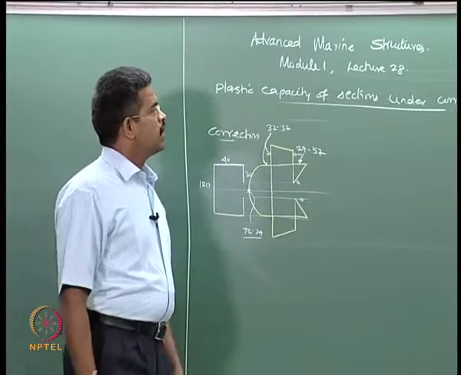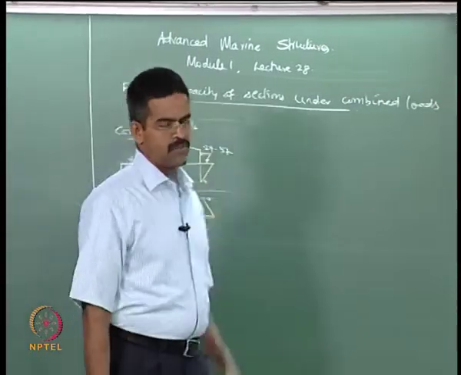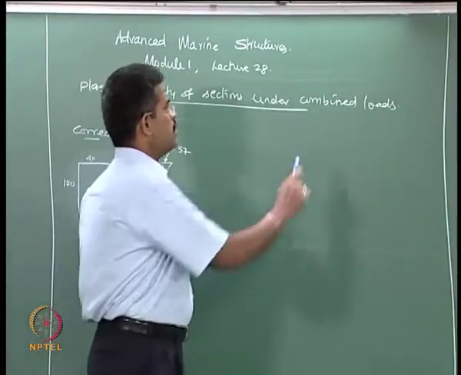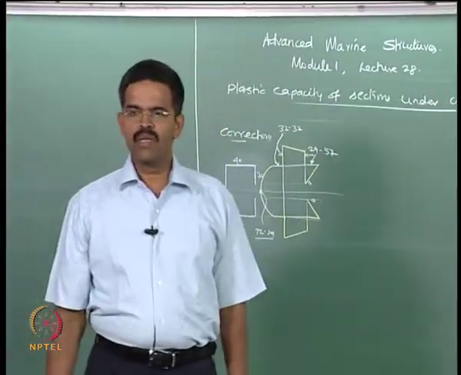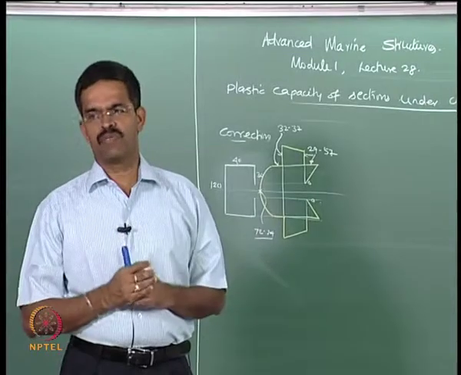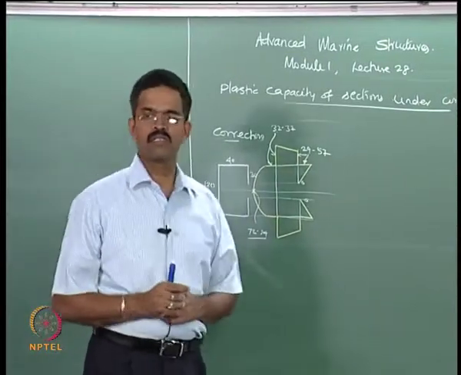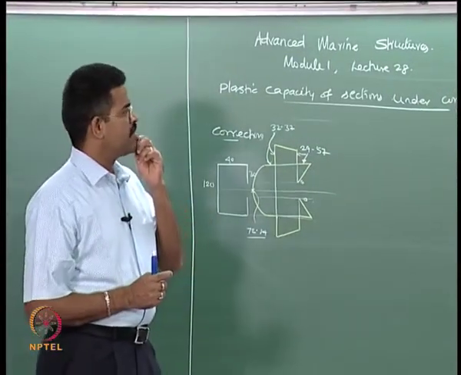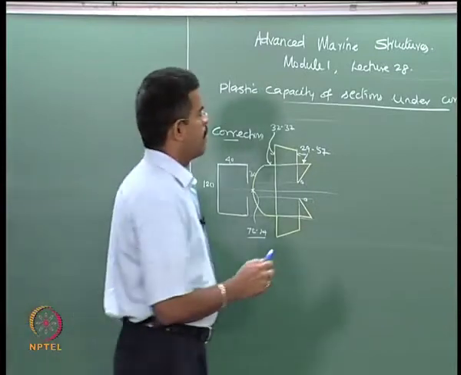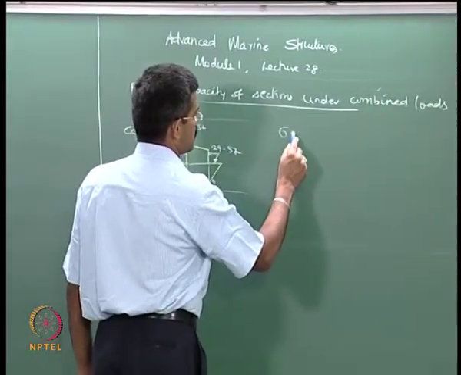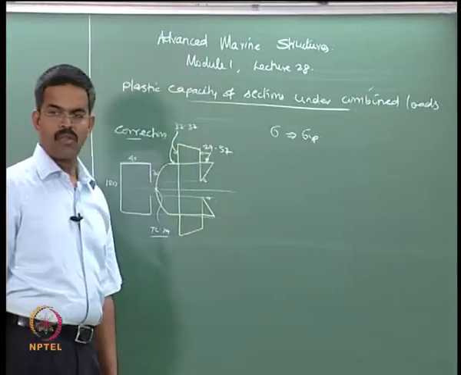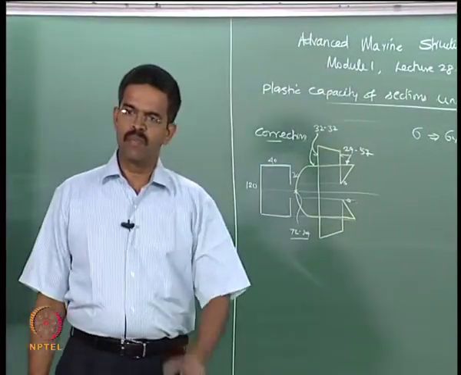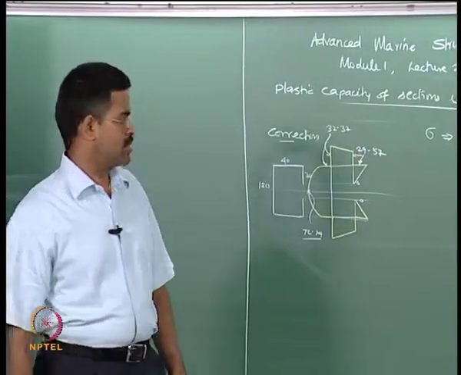So, in this lecture we will talk about plastic capacity of sections under different combinations of loads. So far we have seen that when a specific kind of load is acting, maybe axial tension or bending, the stress reaches the yield value and afterwards remains constant until collapse occurs.